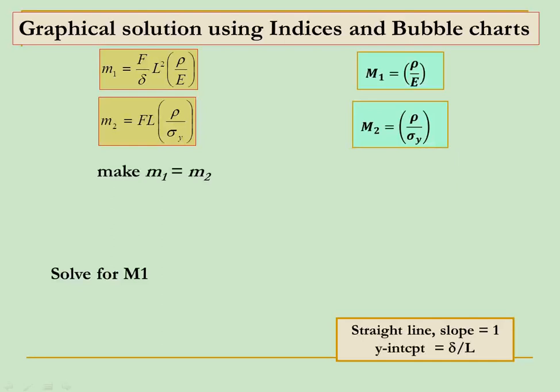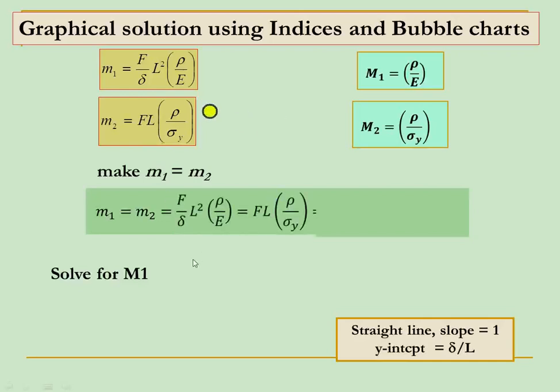Now for the coupling line equation, when m1 is equal to m2, that is when both the constraints are equally active, I just equate m1 to m2.